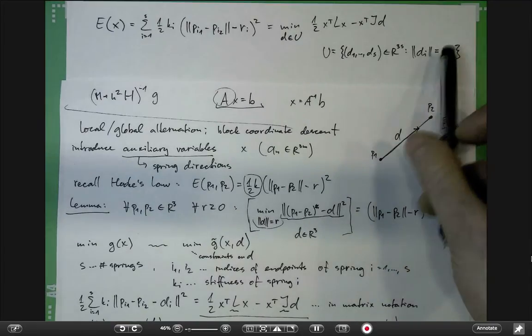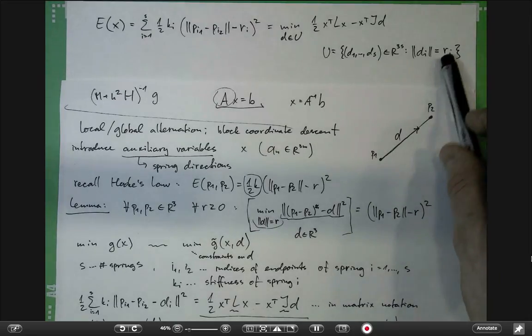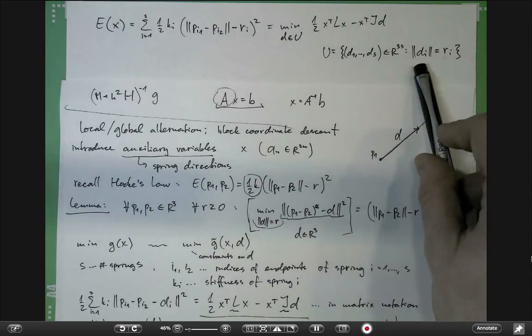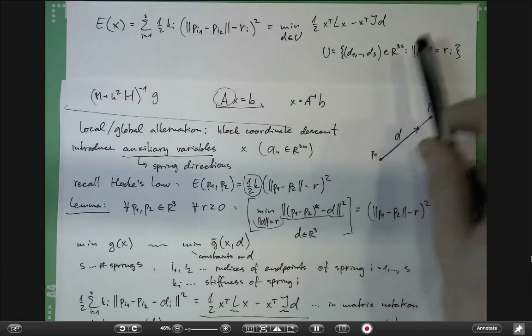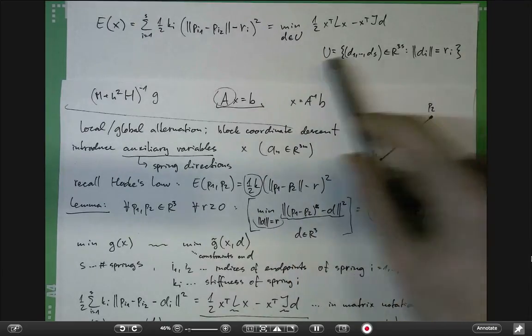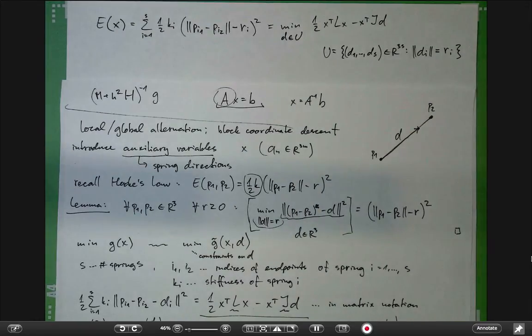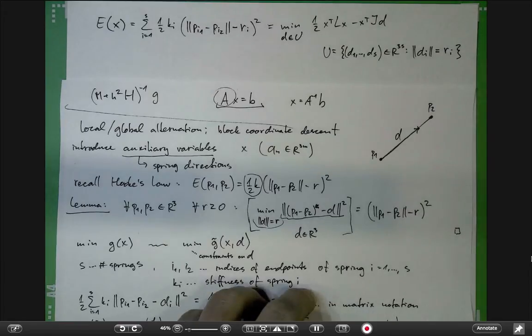Every spring can have a different rest length. Those are the r_i's. r_i is the rest length of spring i, and these are my auxiliary variables. Now the auxiliary variables cannot be arbitrary. They are constrained to have the right length, and this is what is encoded in this set U.